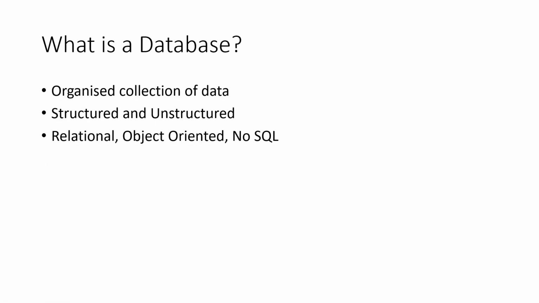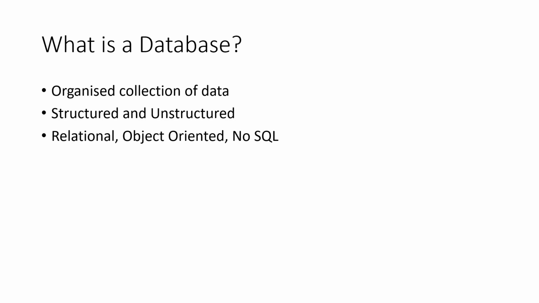So what is a database? We mentioned the term relational database earlier. Well, a database is just an organized collection of data. It's used to manage structured and unstructured data. It supports other activities such as data analysis and management.